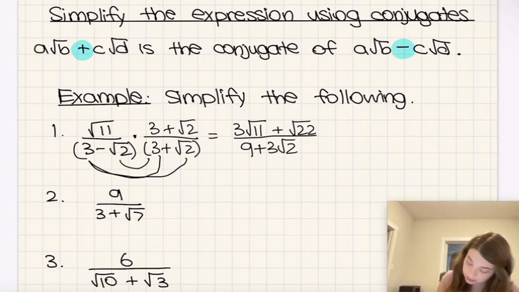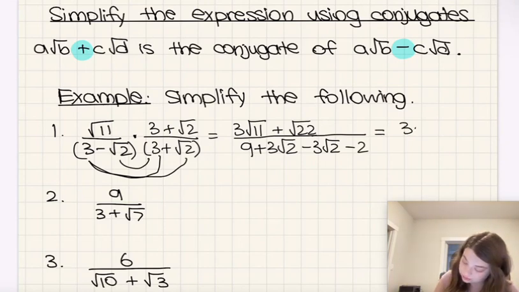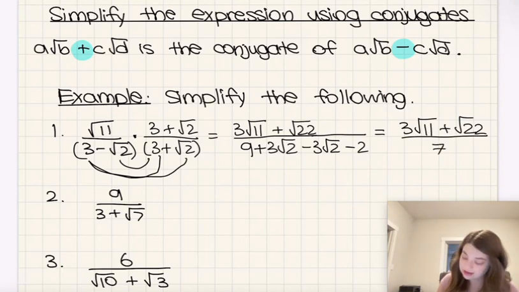So if we do inner, we're going to get negative 3 root 2. And so these just end up canceling to 0. And then we have minus root 2 times root 2, which is minus 2. So that's overall going to be 3 root 11 plus root 22 over 9 minus 2, which is 7. And there we go. There's our simplified form.